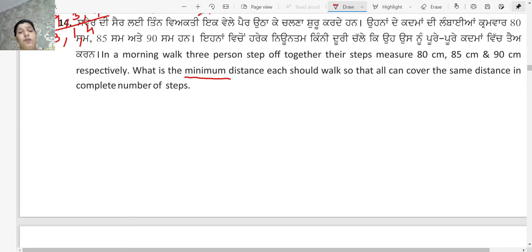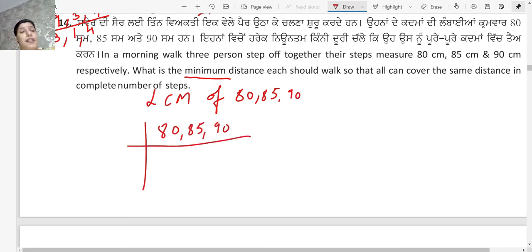For this question, you have to find the least common multiple of the given numbers, that is LCM of 80, 85 and 90. So I will find out the LCM of 80, 85 and 90 because जो LCM आएगा वो exactly divisible होगा by 80, 85 and 90. तो हमारे पास complete number of steps आ जाएंगे. ऑब्वियसली जो 80 सेंटीमीटर वाला स्टेप ले रहा है उसके स्टेप्स ज़्यादा होंगे, 85 वाले के कम होंगे और 90 वाले के और भी कम होंगे बिकॉज उनका स्टेप का साइज डिफरेंट है.